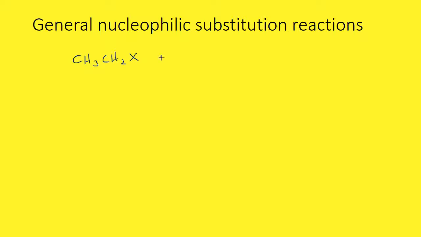And we're going to react that with a generic nucleophile, and so we're going to call that Nu for nucleo, give it a minus charge, and that's going to make the CH3CH2 alkane part of the new molecule, and the nucleophile is going to add on to the end of that because it substituted out the halogen, which leaves as an ion, or a halide ion.